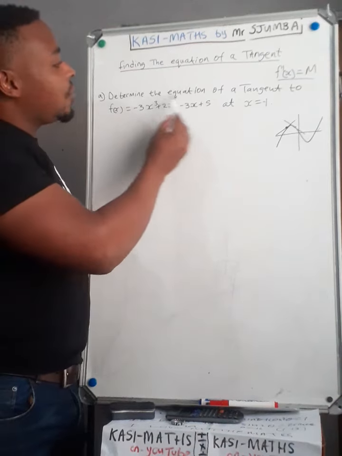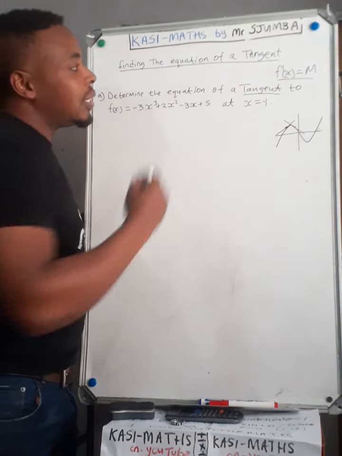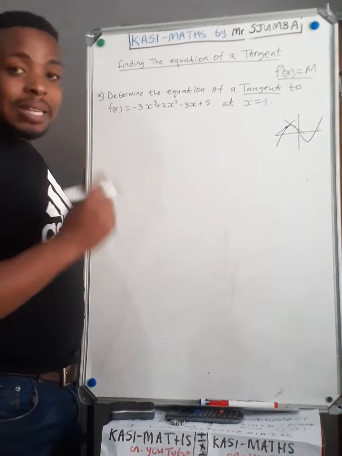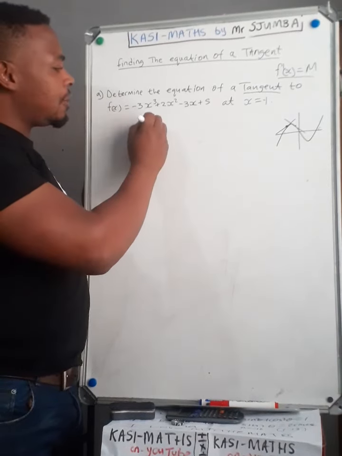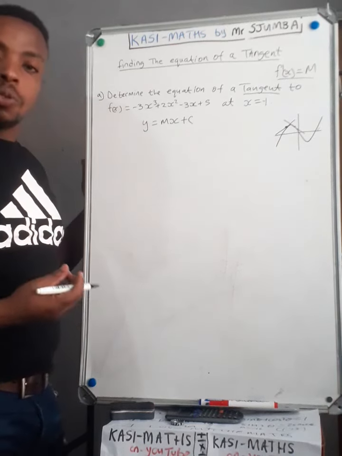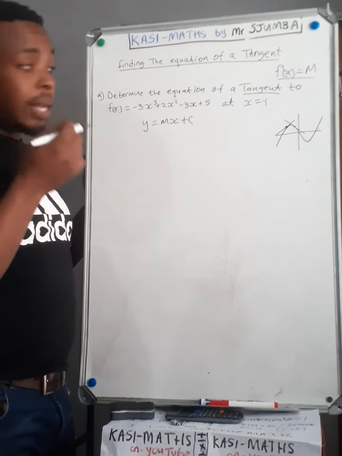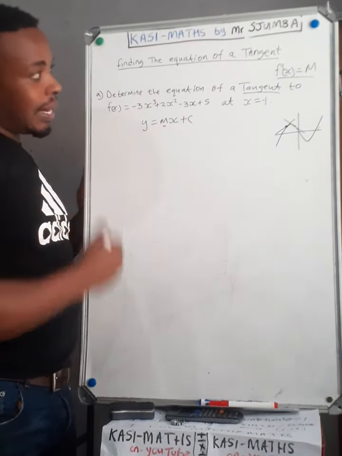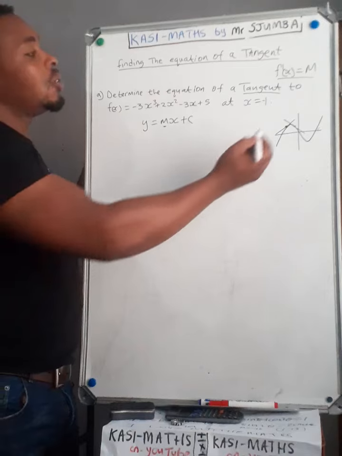Right, so now we should determine the equation of a tangent. A tangent is a straight line. So the first thing we must write is y equals mx plus c, to show that we understand that we're looking for an equation of a straight line. So we must find the gradient, m.